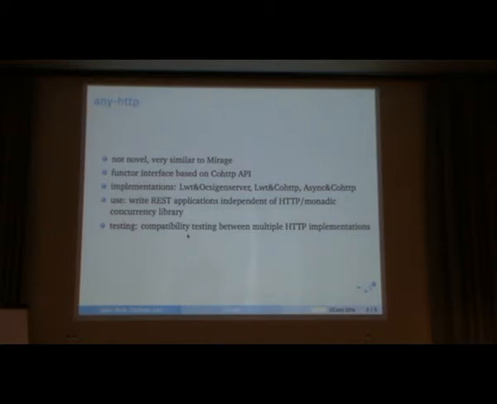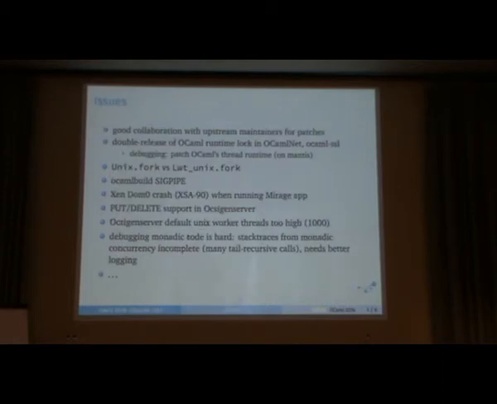AnyHTTP is just like a thin wrapper around HTTP to allow using your application directly with either Lwt and CoHTTP, Async and CoHTTP, or Lwt and Ocsigen server. And the main goal would be to allow you to write a REST application independent of the actual HTTP implementation. And this might also have a benefit in testing the compatibility between the existing HTTP implementations.